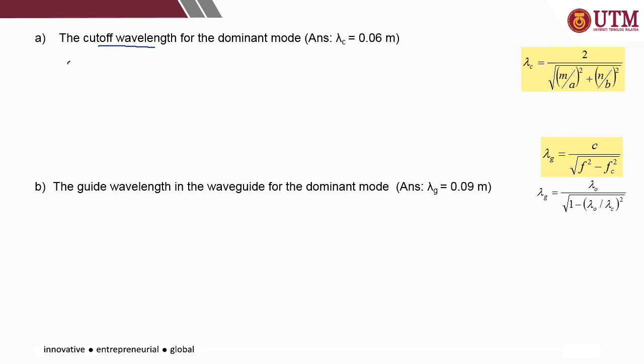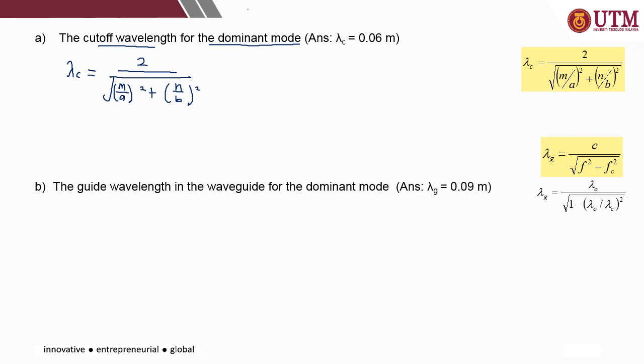So cutoff wavelength, represented by lambda c, equal to 2 divided by the square root of (m over a) squared plus (n over b) squared.